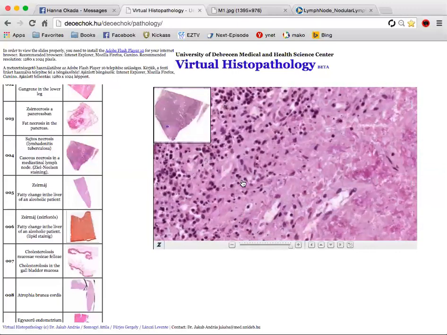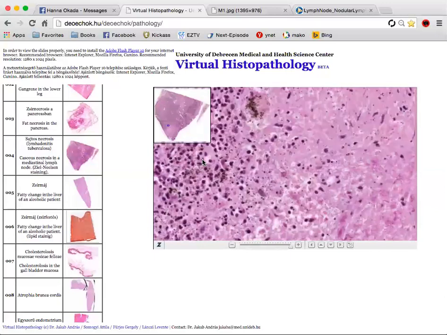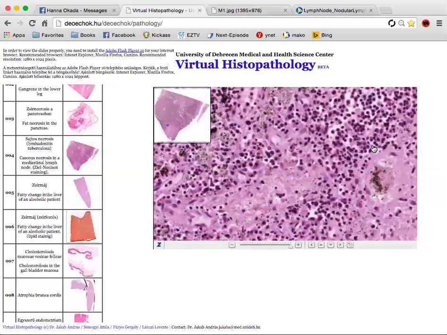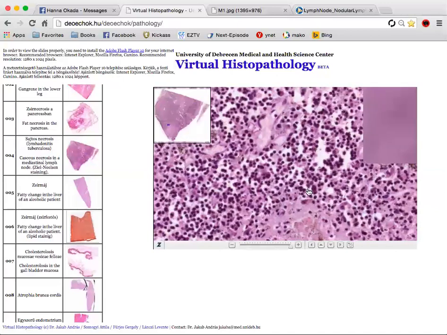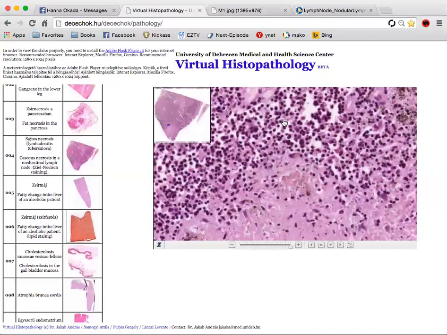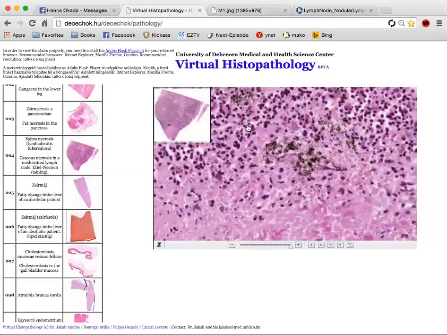And here all around you have immune cells, chronic immune cells. This is chronic inflammation happening in this region. So these are all keeping the necrotic tissue from spreading anywhere else. And so will this site also be dead?